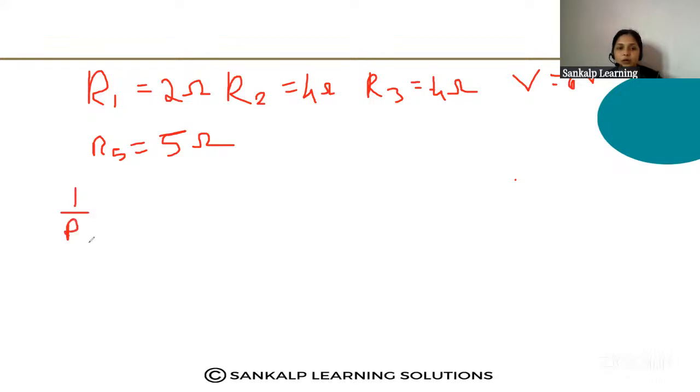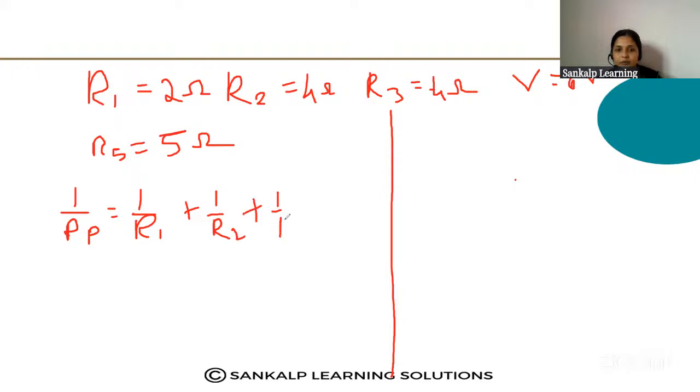What is the formula? 1 by Rp is equal to 1 by R1 plus 1 by R2 plus 1 by R3. So here 1 by 2 plus 1 by 4 plus 1 by 4.